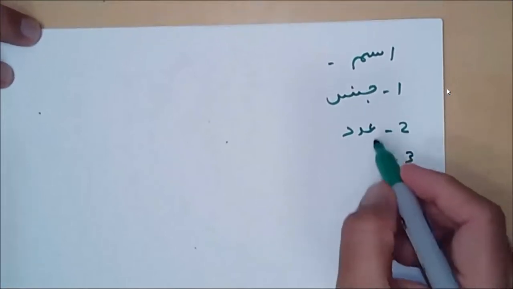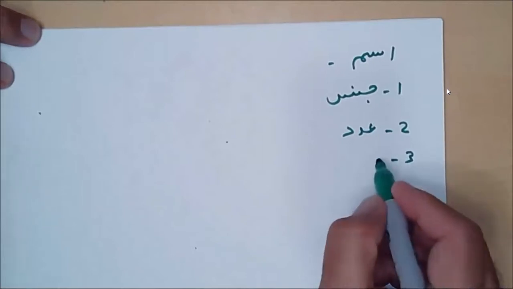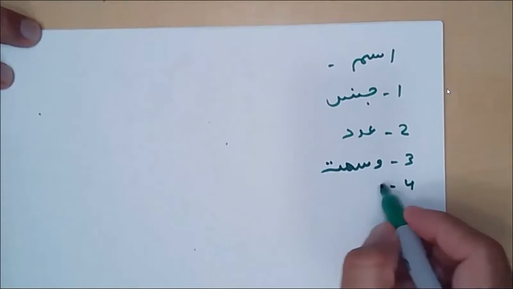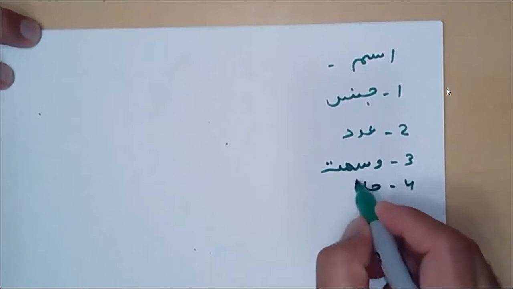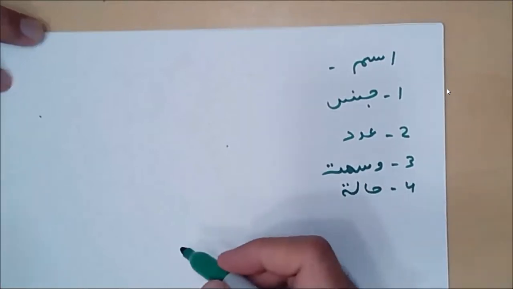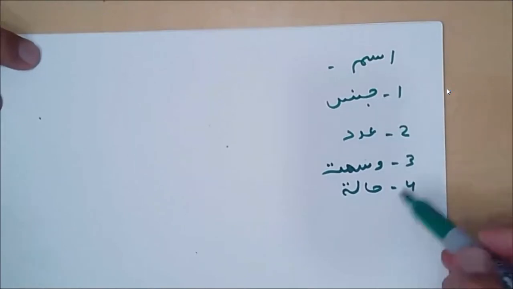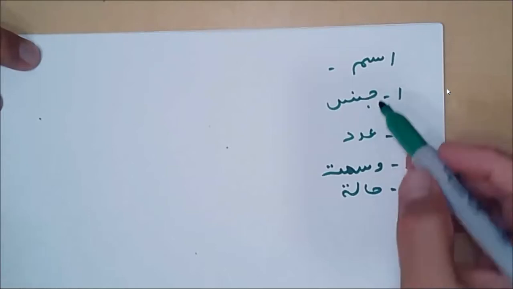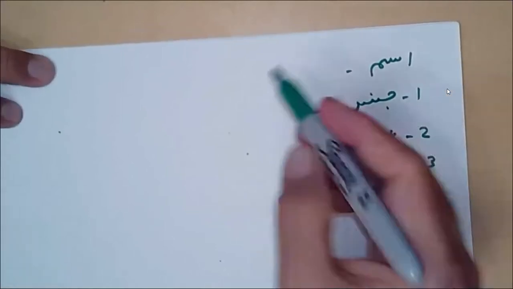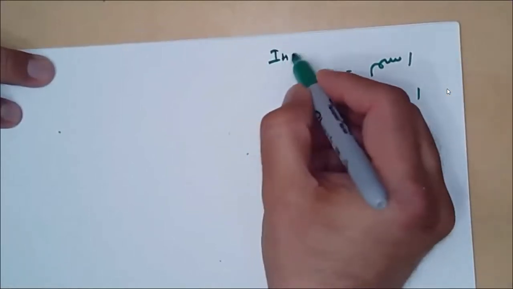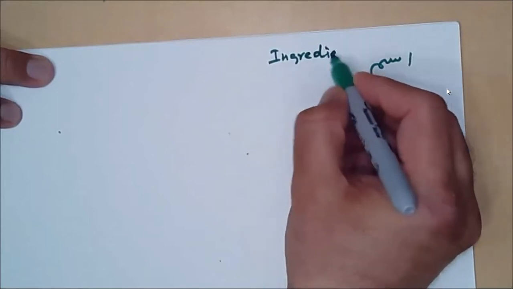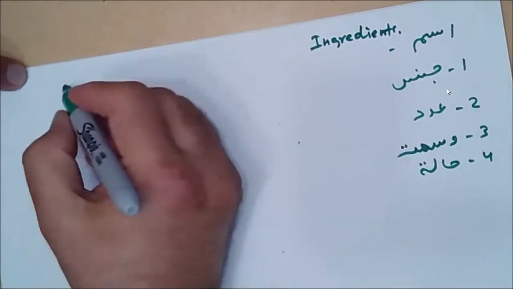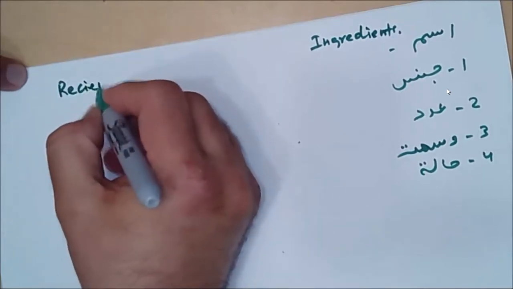What's that? Wus'at. Very good. And the fourth thing was halat, status or hala, halat, right? Now, did we learn all these in each session separately? Yes. We knew that we are going to need them. So these are basically the ingredients. So now we have to cook something today. So here is the recipe. Okay.